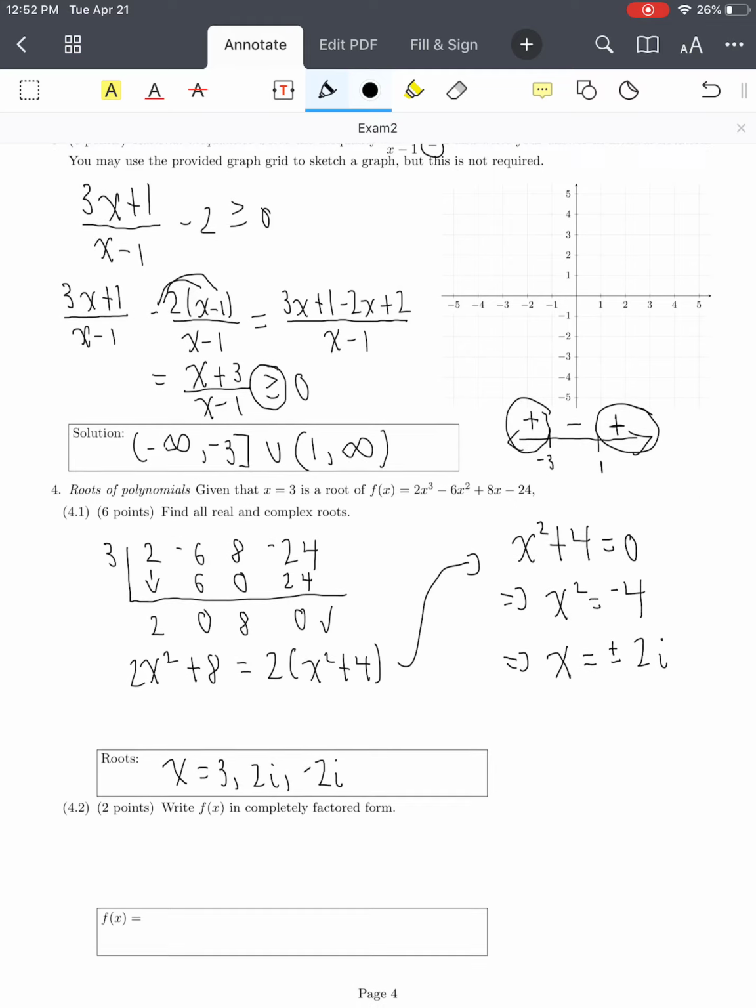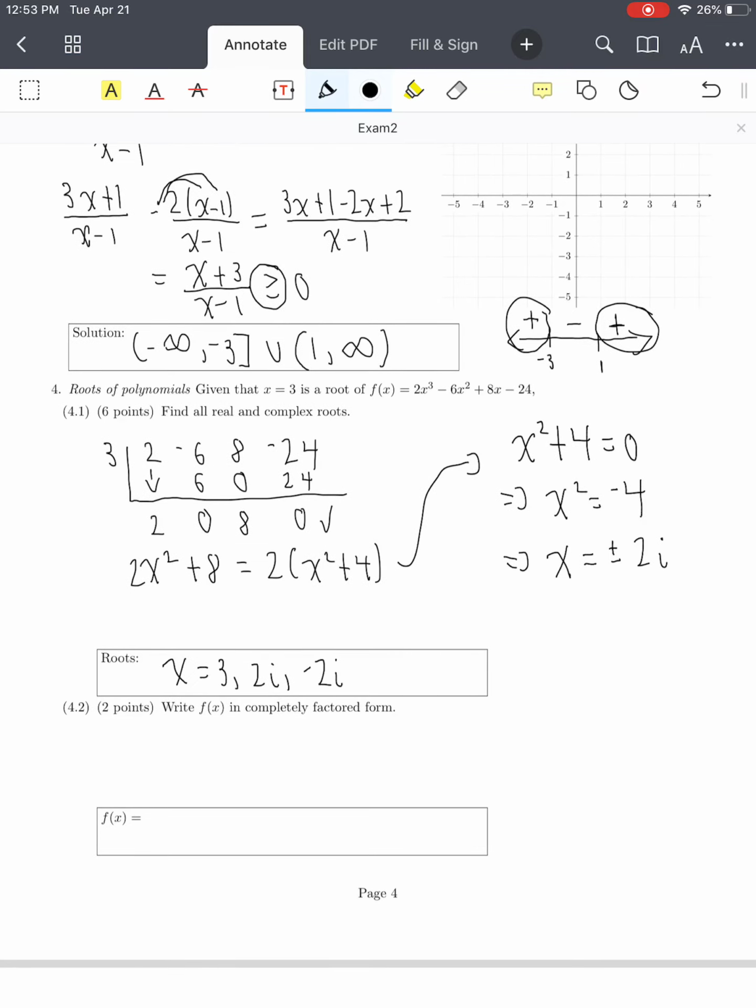So now we need to, for part B, write in completely factored form. So factor form, there's an x minus 3, x minus 2i, and x plus 2i. But here we forgot about something. At some point in the last problem, we factored out a 2.